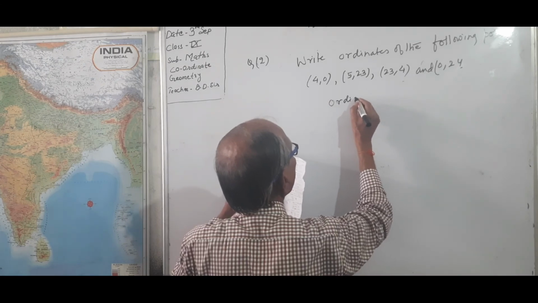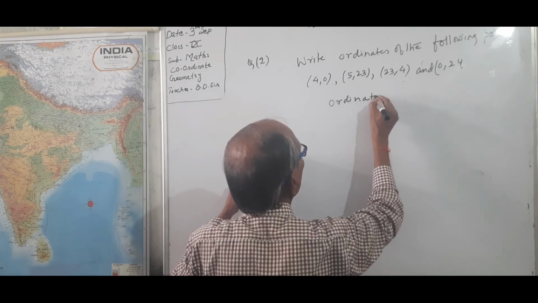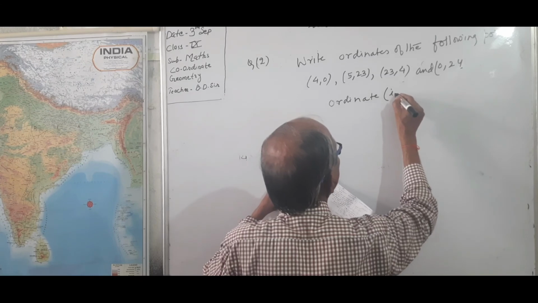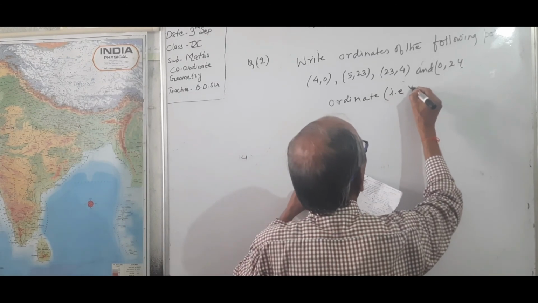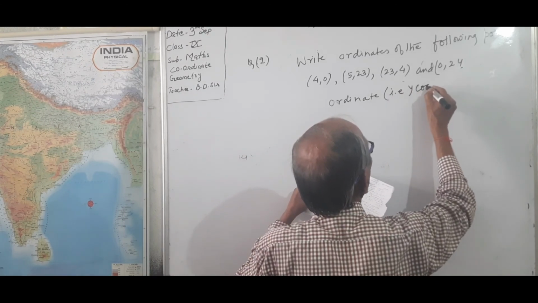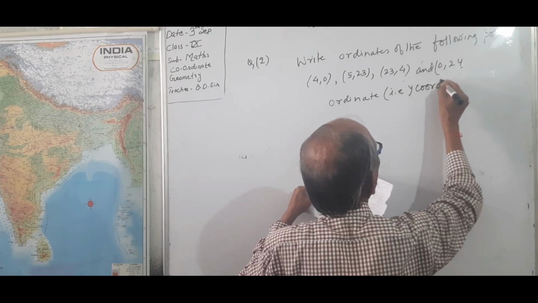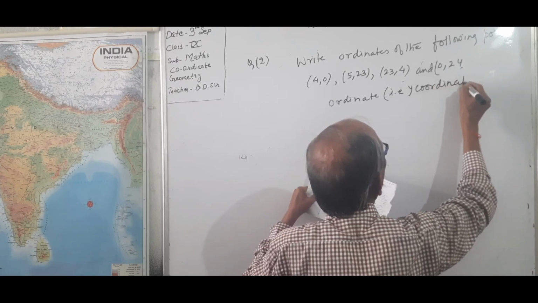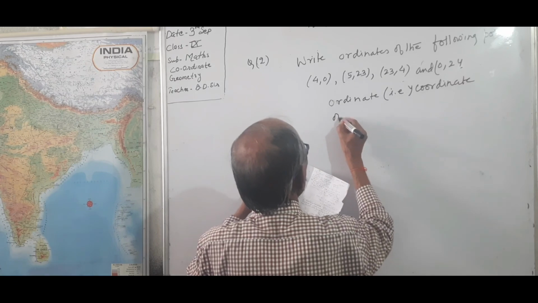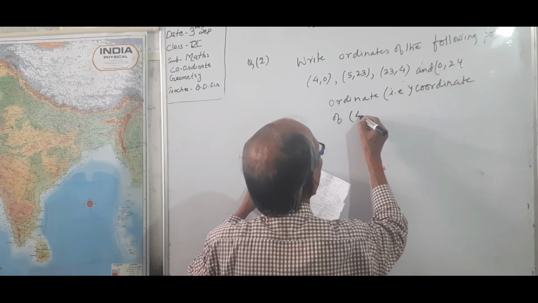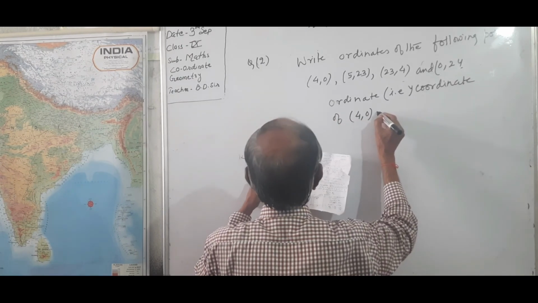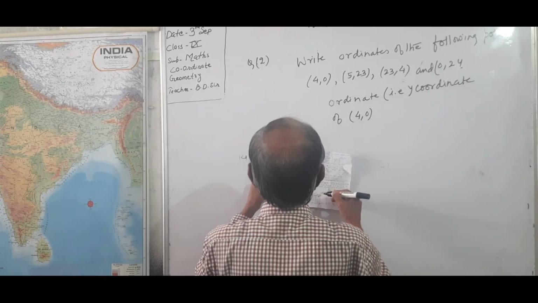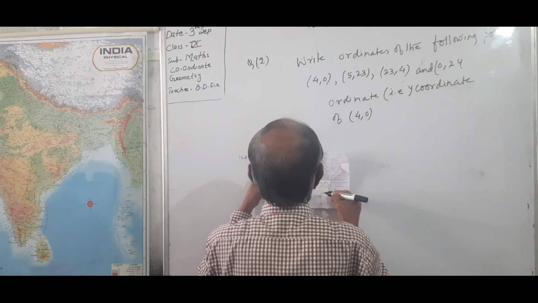Ordinate means y coordinate. That is, the y coordinate of (4, 0) is equal to 0.